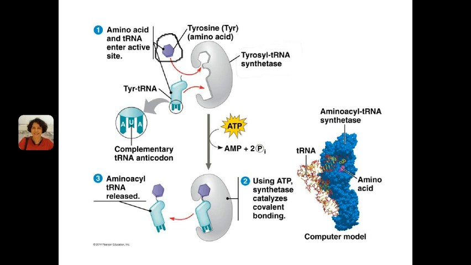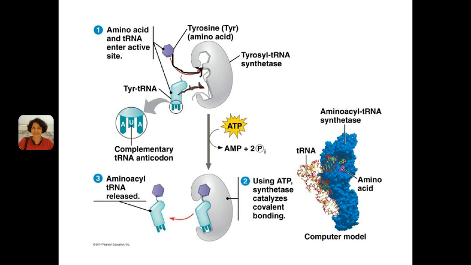The tyrosine tRNA that is going to be charged is here. Notice how the shape of the enzyme has these binding sites where both of the substrates fit, the tRNA and the amino acid.